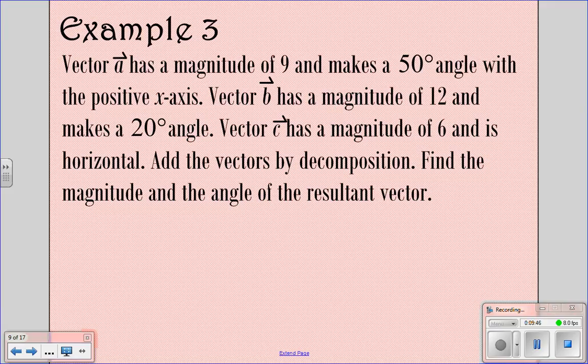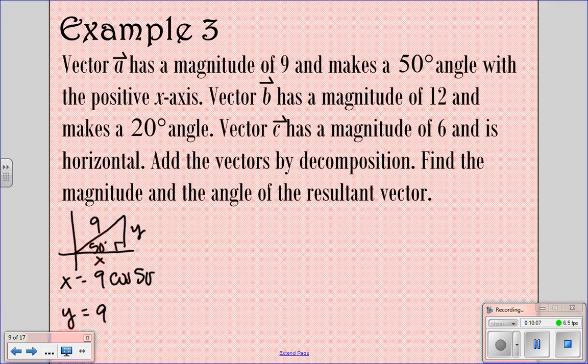So for vector A, we're going to draw it, and our angle is 50 degrees, and our magnitude is 9, and so if you use sine and cosine, your x is going to be 9 cosine of 50, and your y is going to be 9 sine of 50.